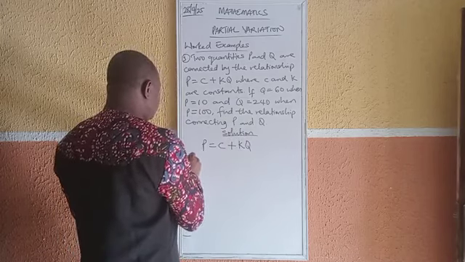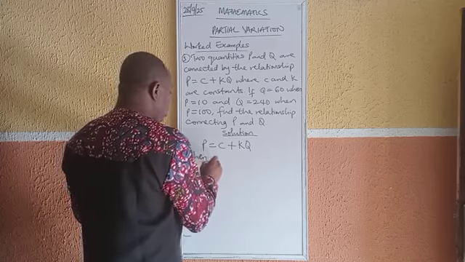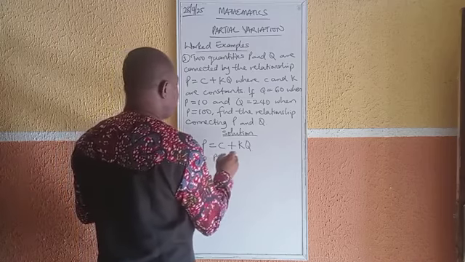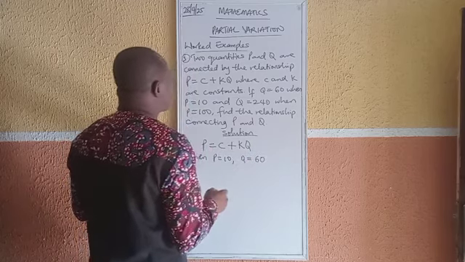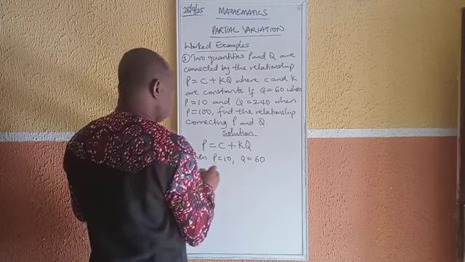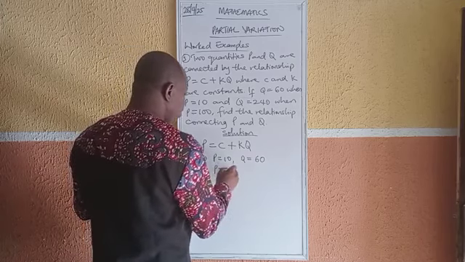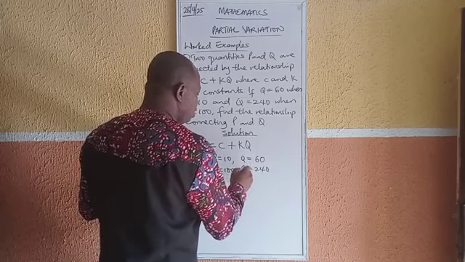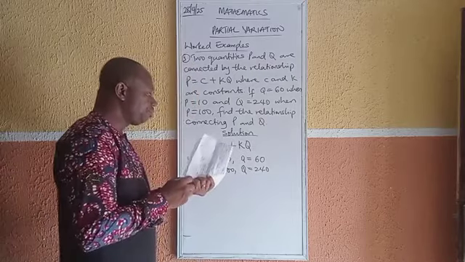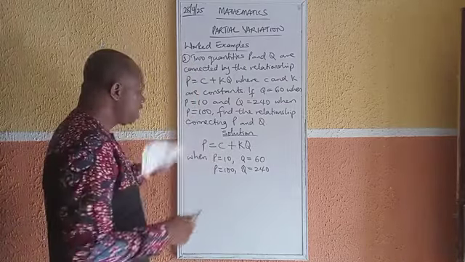We are told that when P is 10, Q is 60, and when P is 100, Q is 240. Let's substitute them inside.